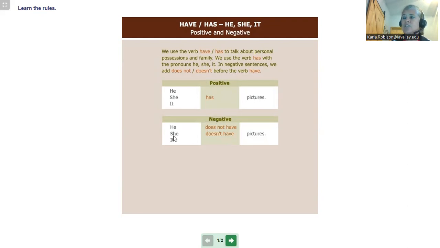Or you can say she doesn't have pictures. It doesn't have pictures in it. Okay, so if it's a positive, you're going to use has. If it's a negative, you're going to use have. Okay, and it's always going to come after the verb. Okay, does not have, or you can contract it where it says doesn't have.